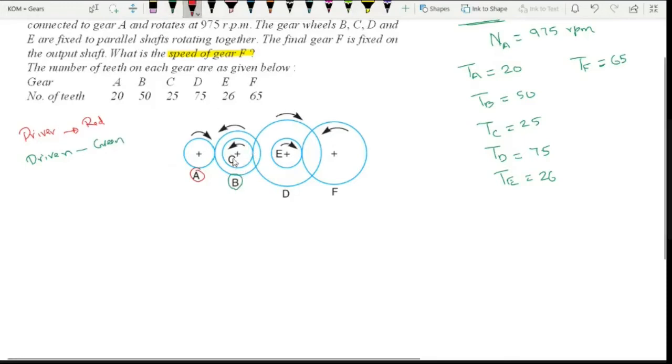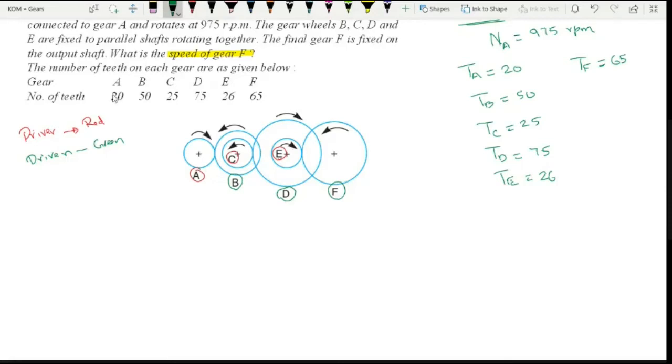C is a driver now, and C is connected to D. D is my driven. Next, E is my driver here, and F is the driven. First, you have to know which is driver and which is driven. Then only you can solve this problem easily.